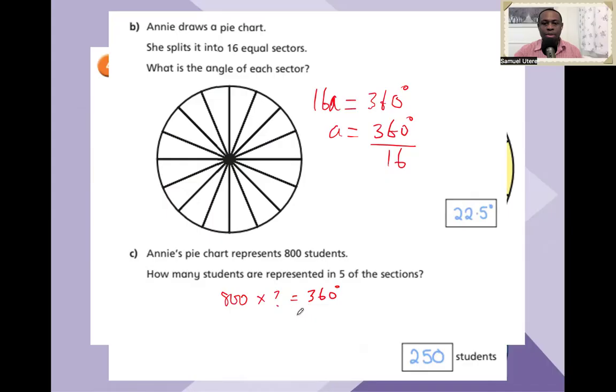Remember that's what we used to do. So if we want to get that, we can say 800 divided by 360 degrees, or 360 degrees divided by 800.